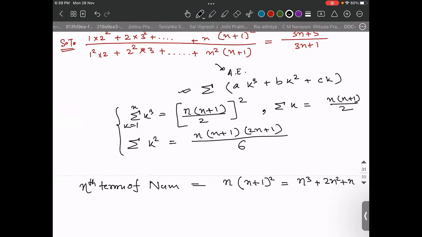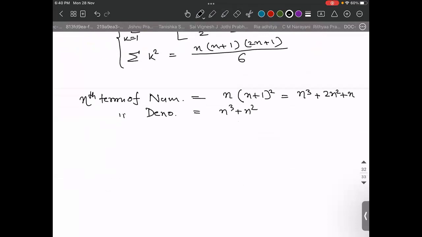Yeah, you are right only. Why are you confused? Denominator. Fine. So nth term of numerator and nth term of denominator you already know. So how can you write that ratio?